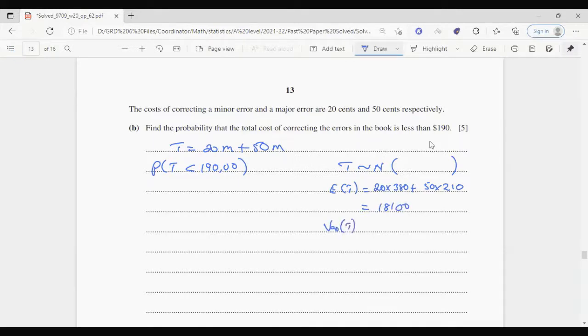Similarly, the variance of T will be 20 squared, because it's a scale factor, times 140, plus 50 squared times 80, which gives 25600.